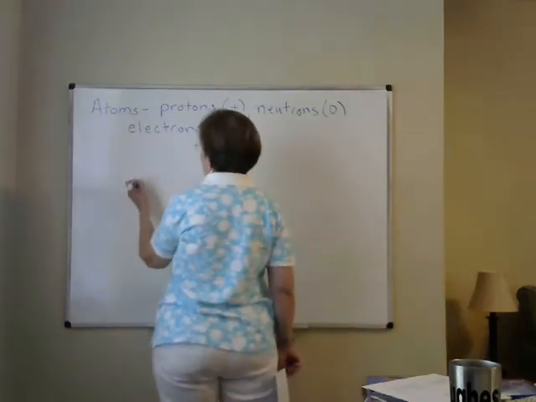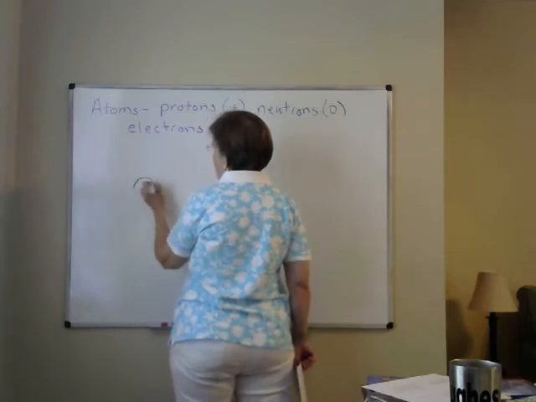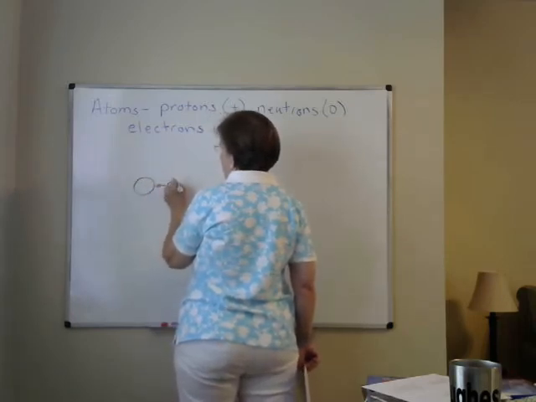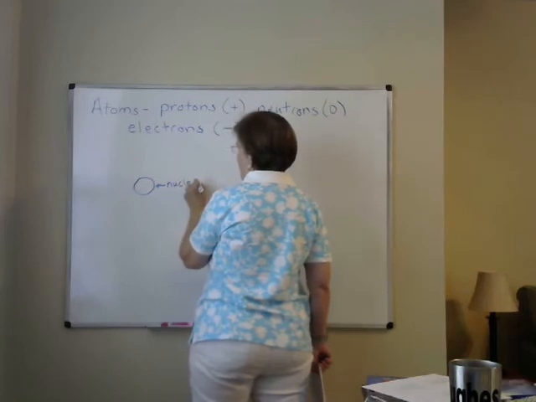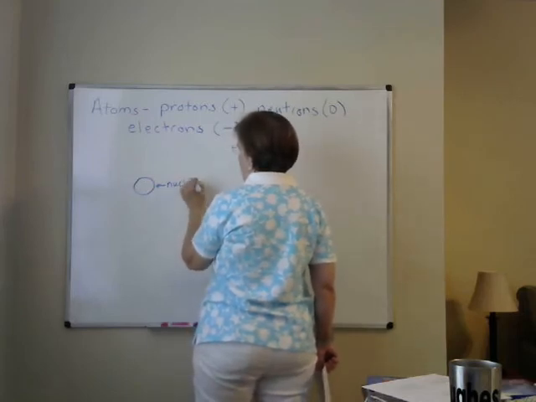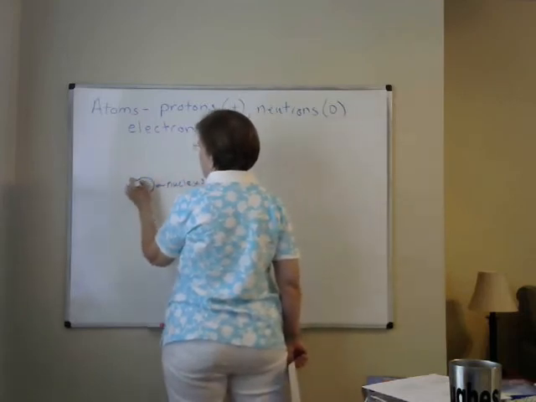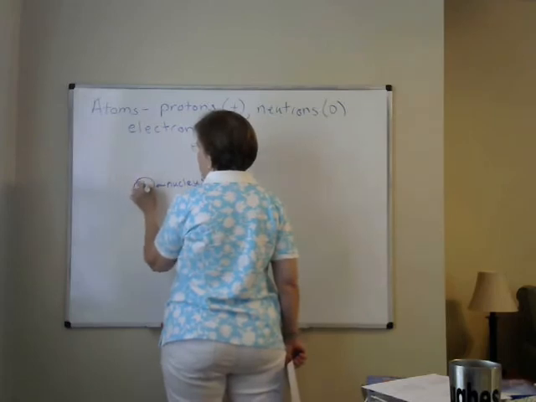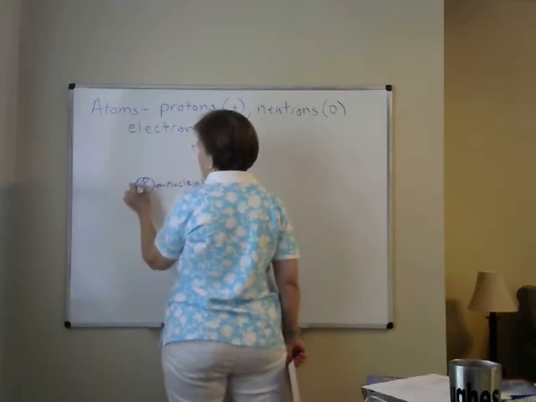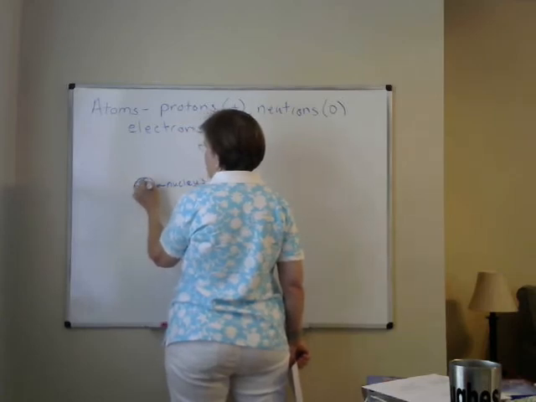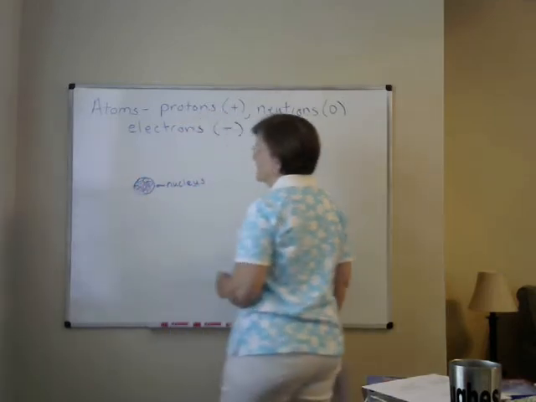If we draw a picture of an atom, it would have a nucleus, and inside this nucleus, you would have positively charged protons, as well as some zero charged neutrons. So I'll put 4 neutrons and 4 protons.